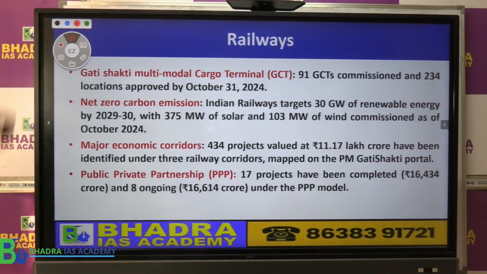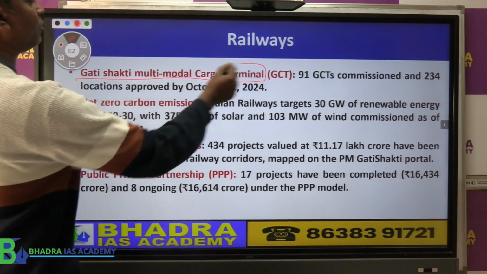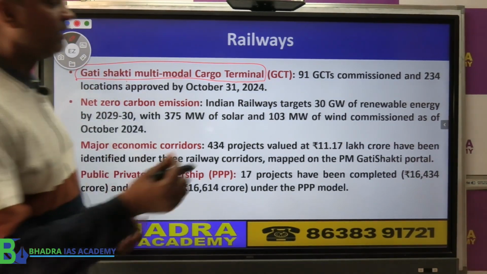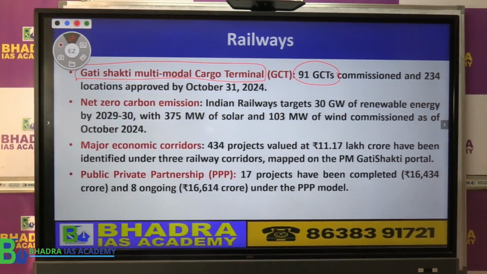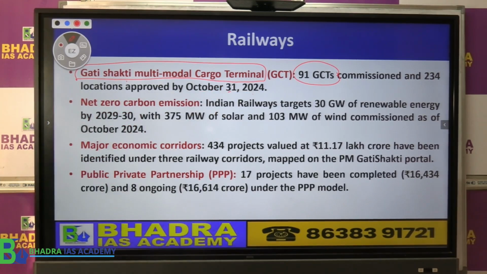If you look at the railways, the government has been working on developing them. So we have Gati Shakti multimodal cargo terminal construction. The government has already commissioned about 91 such Gati Shakti cargo terminals, which were approved by the government till October 2024, as of last year.